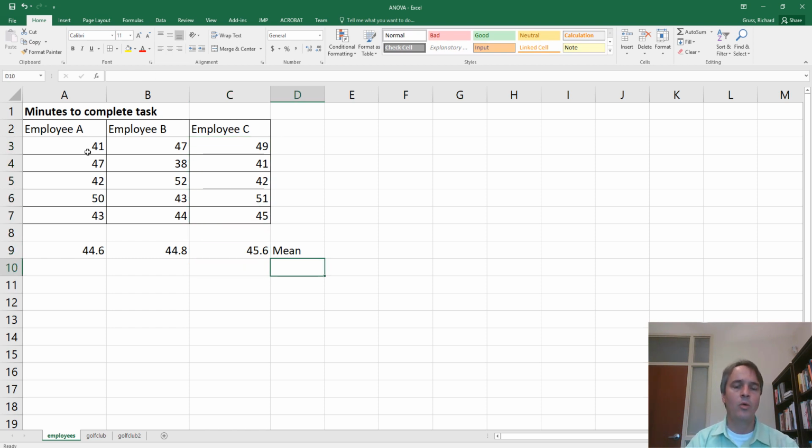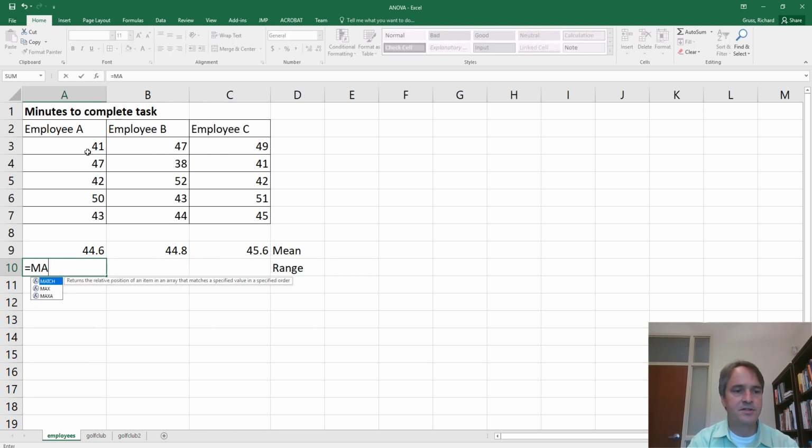Okay, so one of the measures of dispersion was range. So let's go ahead and record the range for each employee, which was the difference between the maximum value and the minimum value. So we'll do, okay, what is the max of these, and subtract the min of all these.